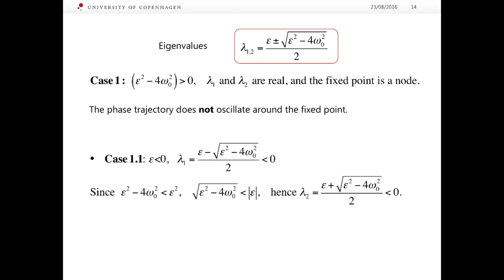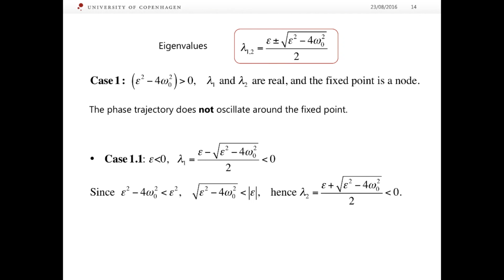And this inequality tells us that the square root is less than the magnitude of epsilon. So for the second eigenvalue lambda 2, we have a negative number epsilon, to which we add a positive number which is smaller than epsilon.